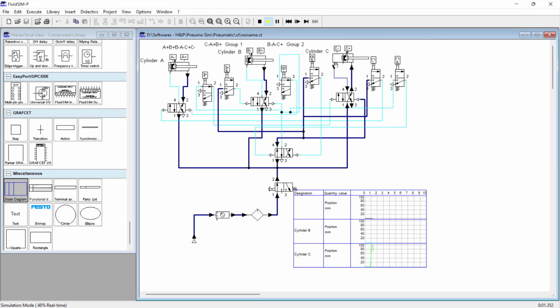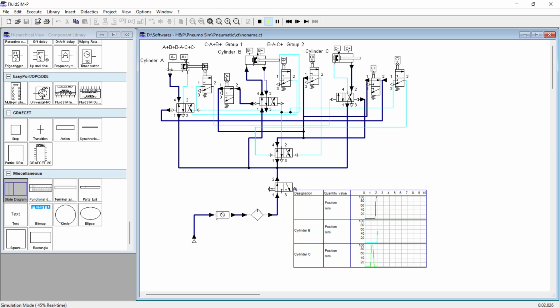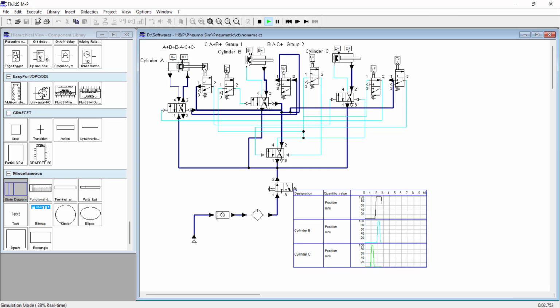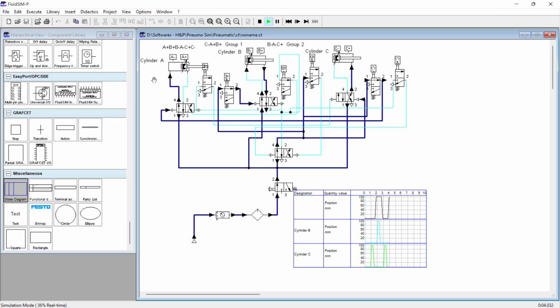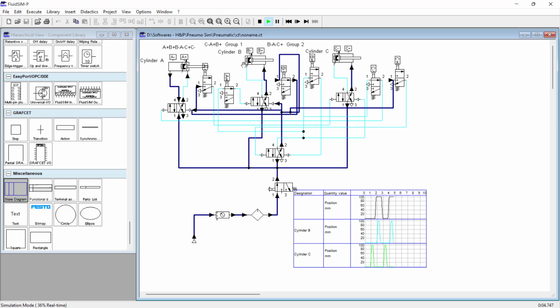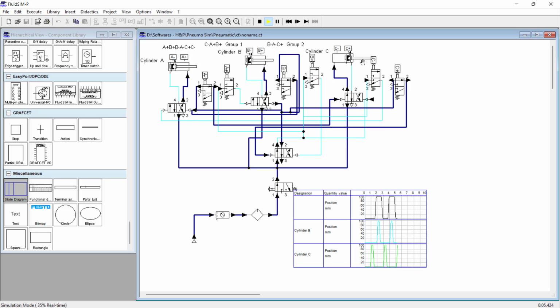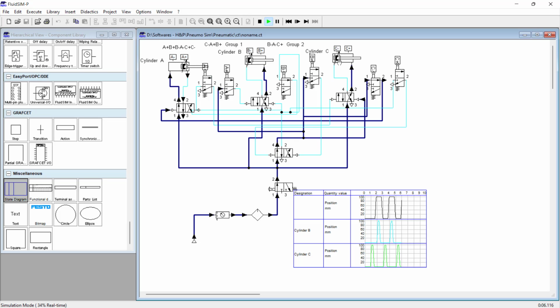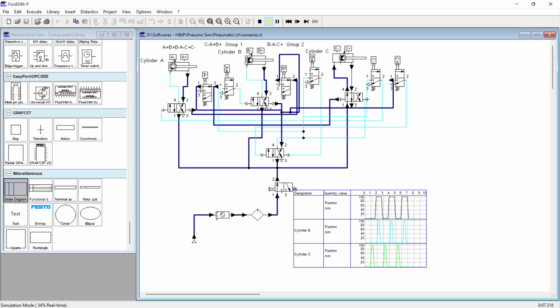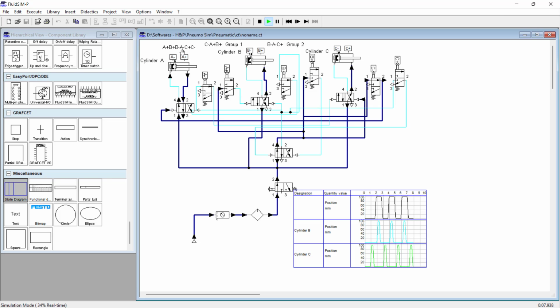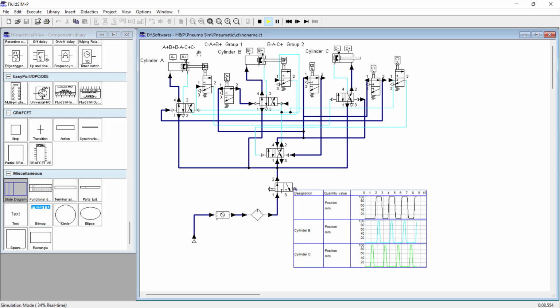First, what happens is the C cylinder will extend and retract, and the A cylinder extends, B cylinder extends, B cylinder retracts, A cylinder retracts, C cylinder extends, C cylinder retracts. So the sequences happen as usual by the given sequence for the drilling operation.